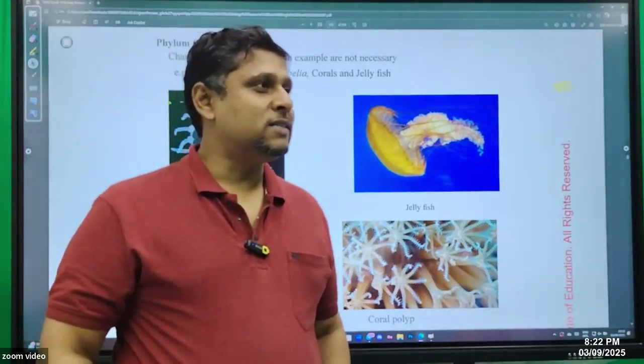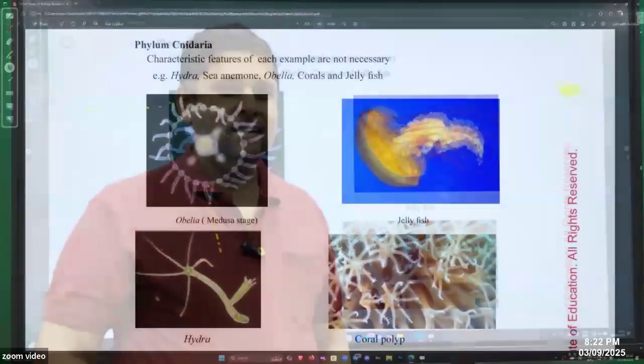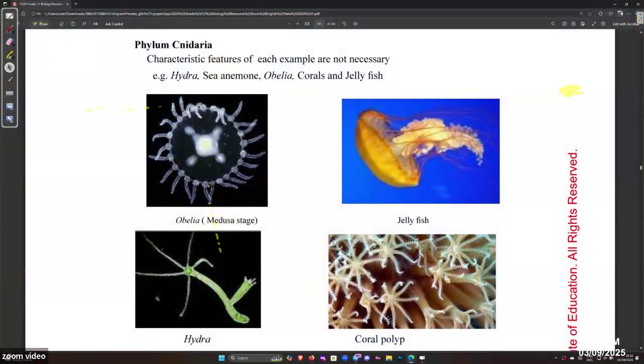The first one is Cnidaria. Very limited information is given, so you don't have to study a lot. Characteristic features of examples are not necessary. They start in a very easy way. Hydra, sea anemone, obelia, corals and jellyfish come under this.